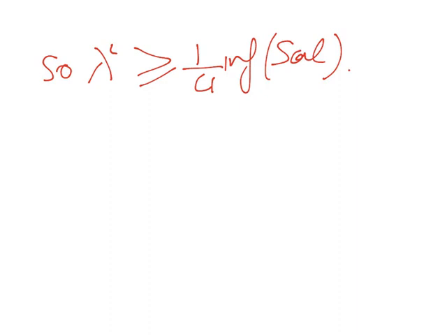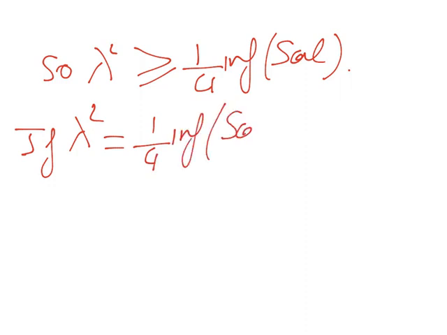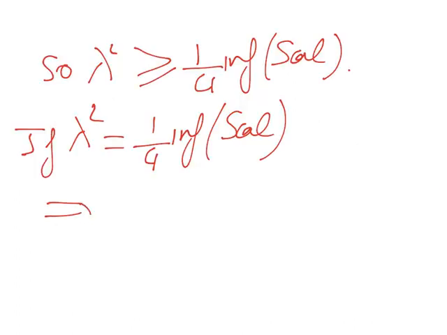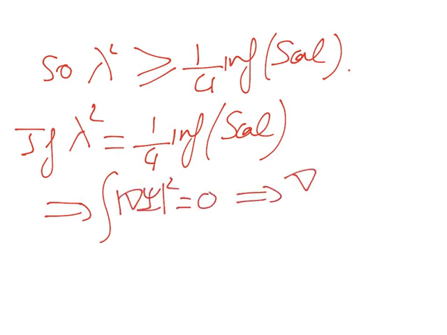However, equality cannot be attained, because if lambda squared is equal to 1 over 4 the infimum of the scalar curvature, then from the previous slide the integral of nabla psi squared should be 0, and this implies that nabla psi is 0.